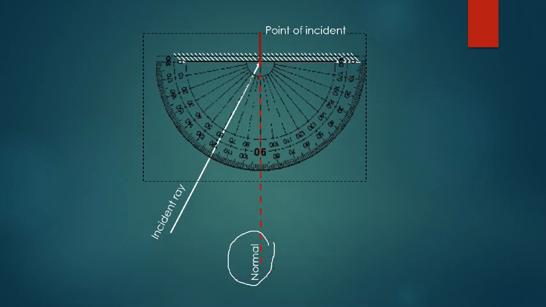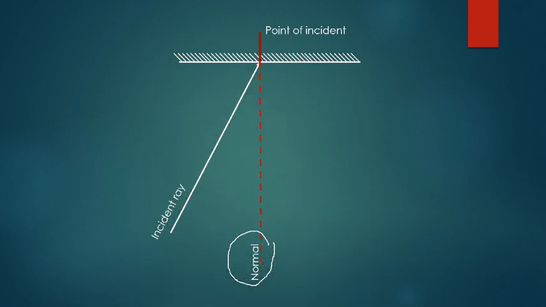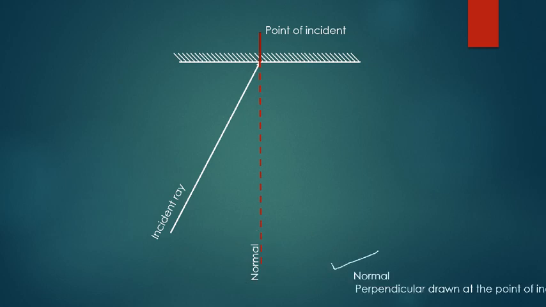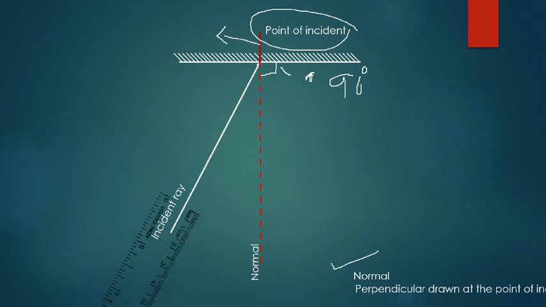Now keep the protractor back. Here we need to draw a reflected ray. What is normal? Normal is a perpendicular drawn at the point of incidence. So this is the point of incidence, and the normal is the perpendicular drawn at the point of incidence. This angle is 90°, therefore it is called normal.